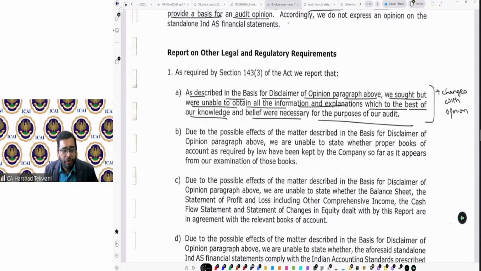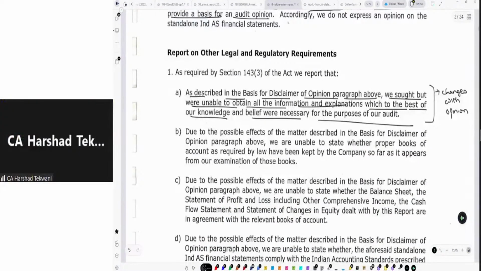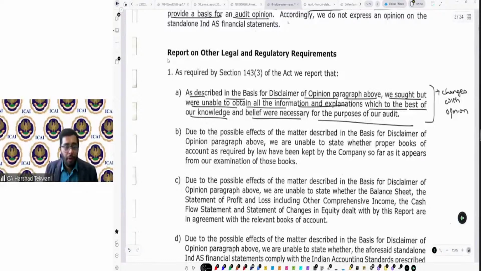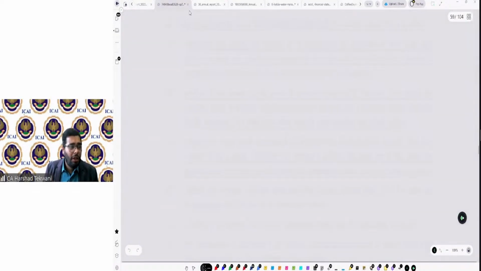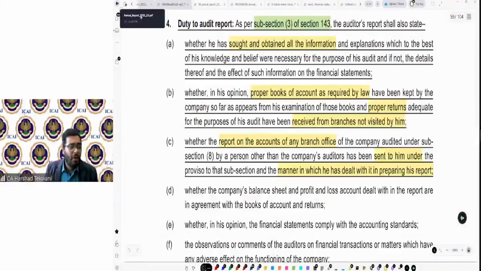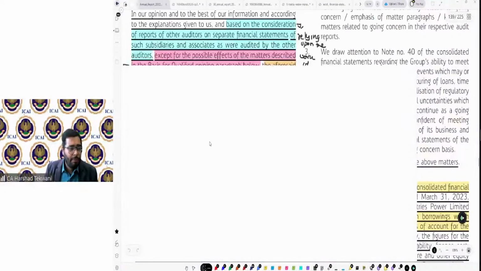If they have not received, then they will specify that they have not received the information. Otherwise, the auditor will specify that he has received all the information necessary for the purpose of his audit.